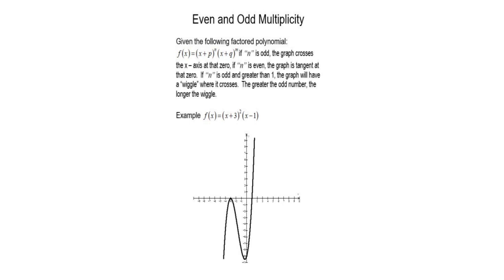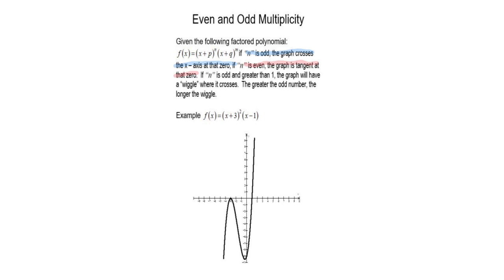If we have a situation where an exponent is odd, that graph will cross the x-axis at 0. If, on the other hand, our exponent is even, the graph is tangent at that 0. Now, tangent means we essentially touch it once.